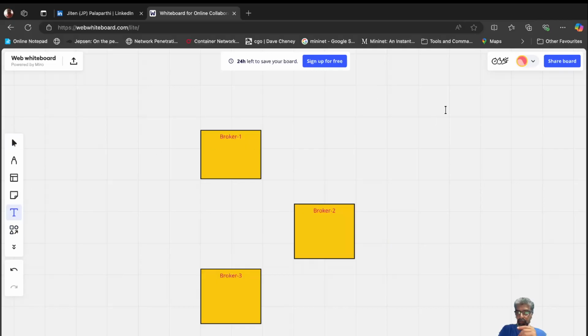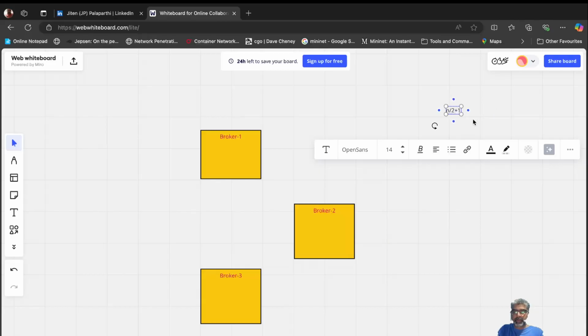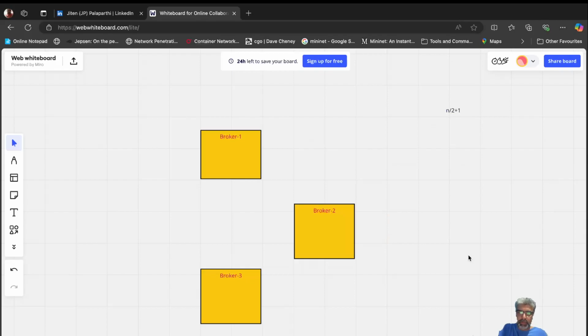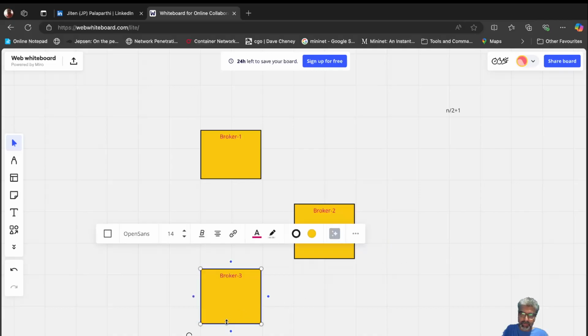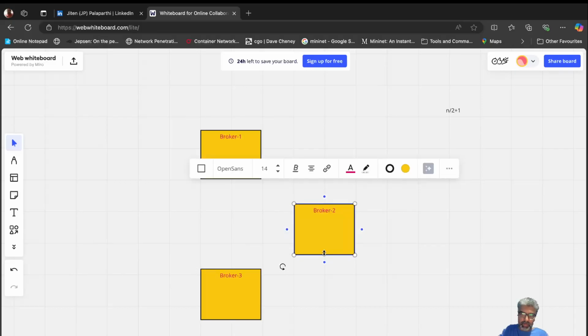The formula is always n by 2 plus 1. So it always gives an odd number, which is how we can handle failures. Odd numbers work very well for the quorum algorithm.